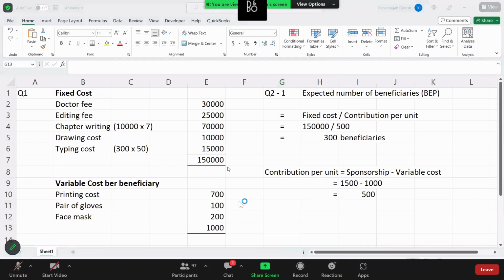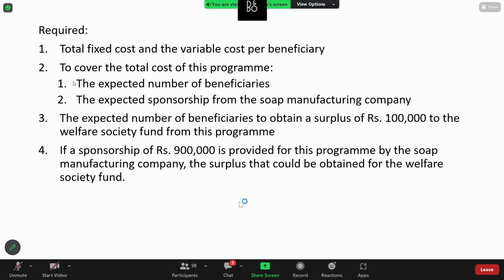So second question, to cover up the total cost, the expected sponsorship from the soap manufacturing company.